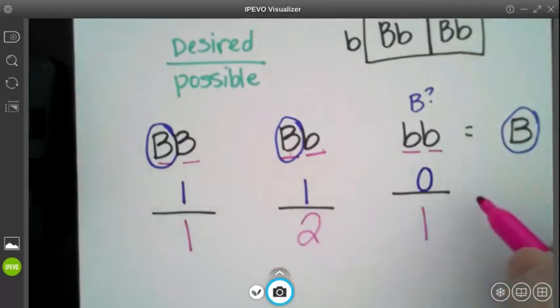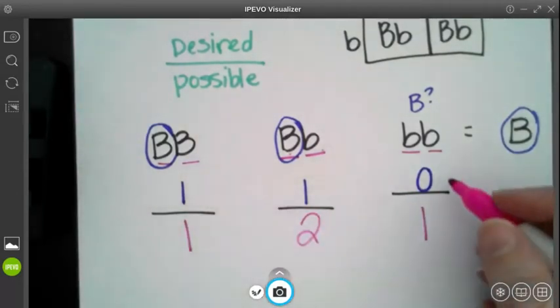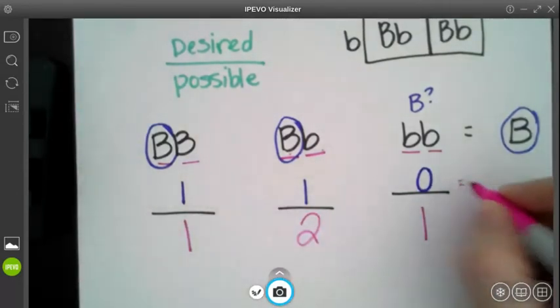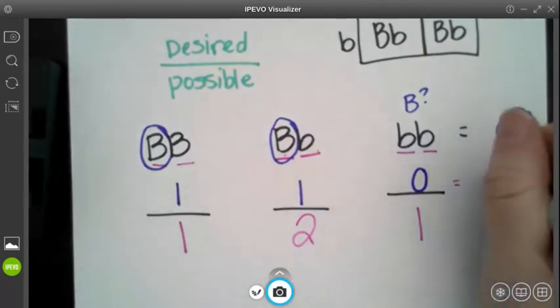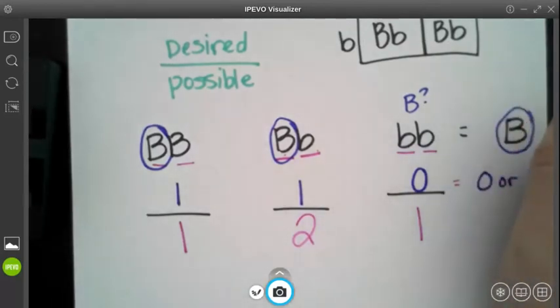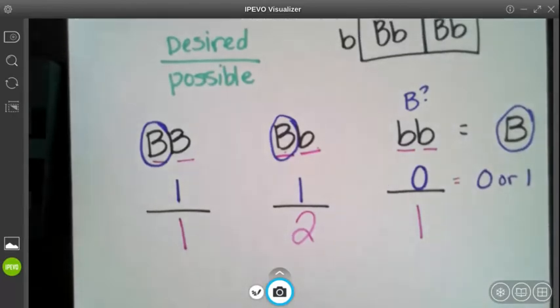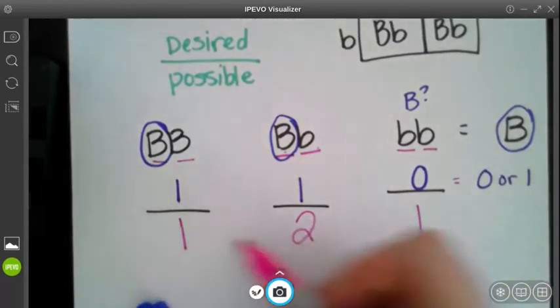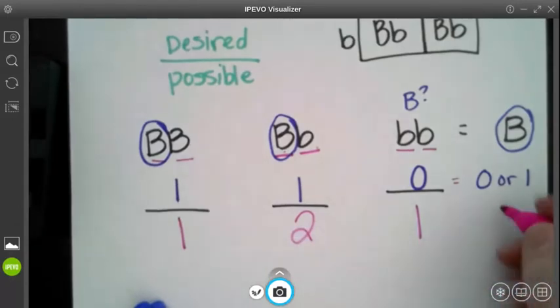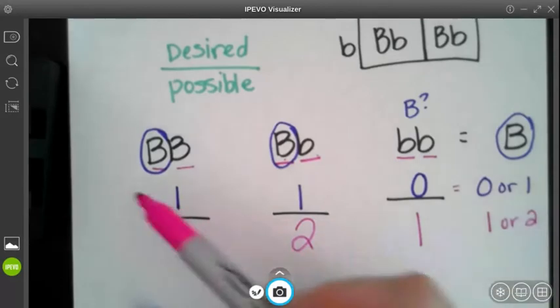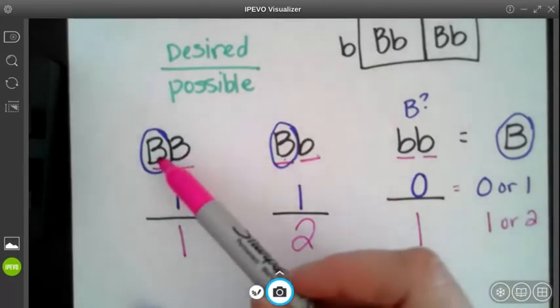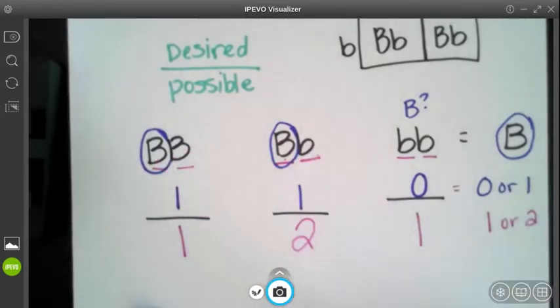This top box here is either going to be 0 or 1. It's not going to be 2 or anything else. Your bottom number is either going to be 1 or 2, which means you either have one letter or you have 2.